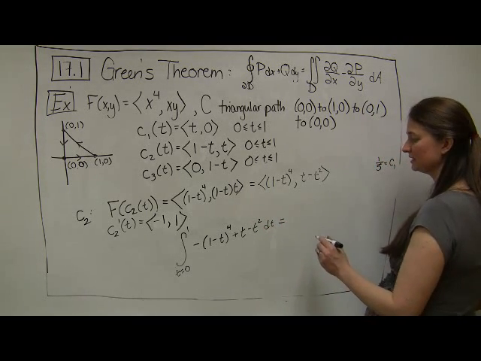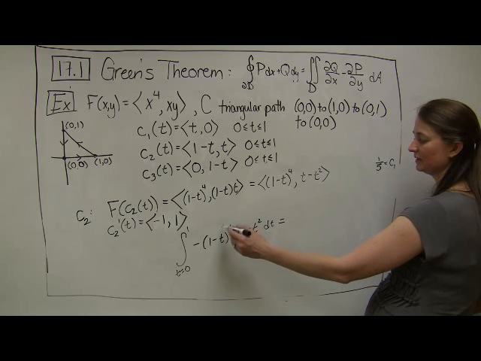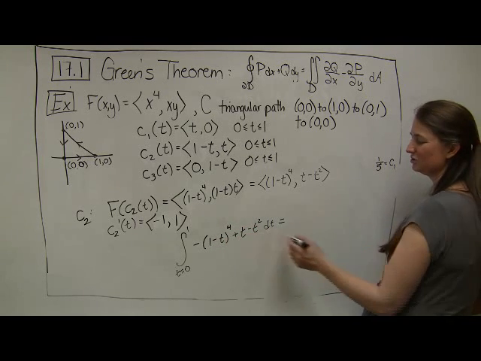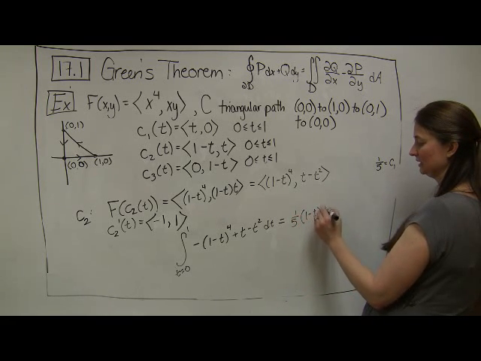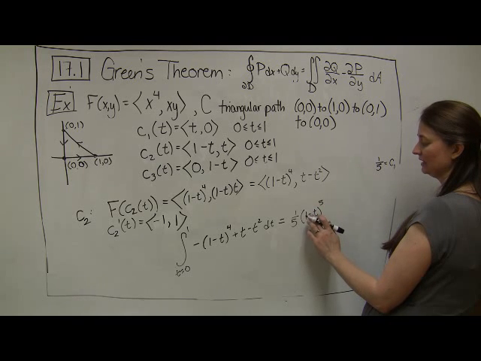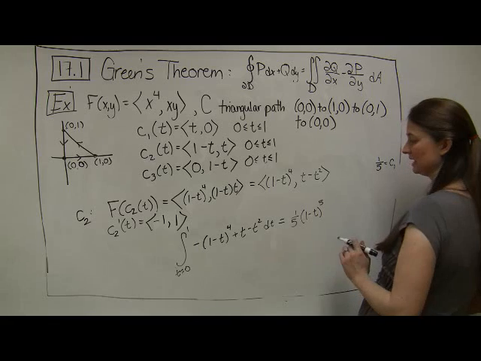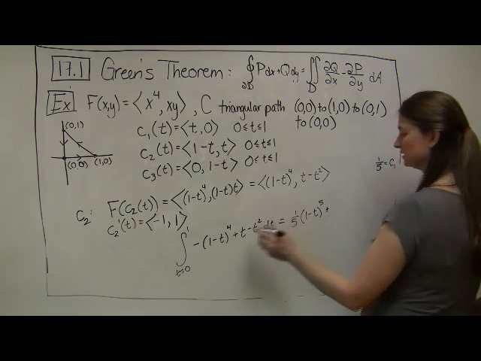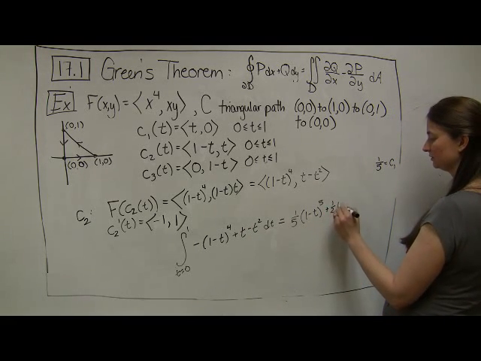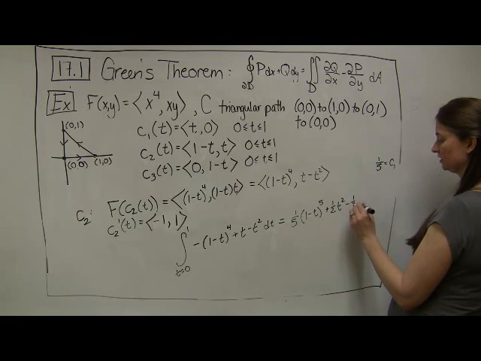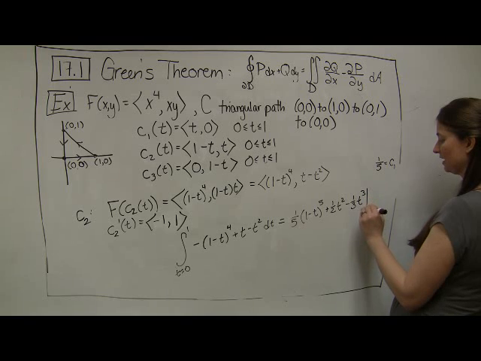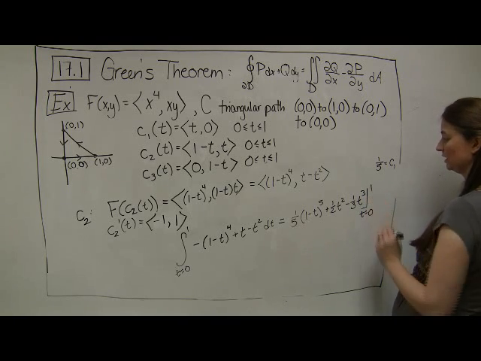I'm going to integrate this. Integrating this, I raise this to the 5th power. I'm doing a u substitution in my head, actually, and I get 1/5 (1 minus t) to the 5th. The u substitution gave me the negative, which cancels with this negative, plus 1/2 t squared, minus 1/3 t to the 3rd, evaluated from t equals 0 to 1.